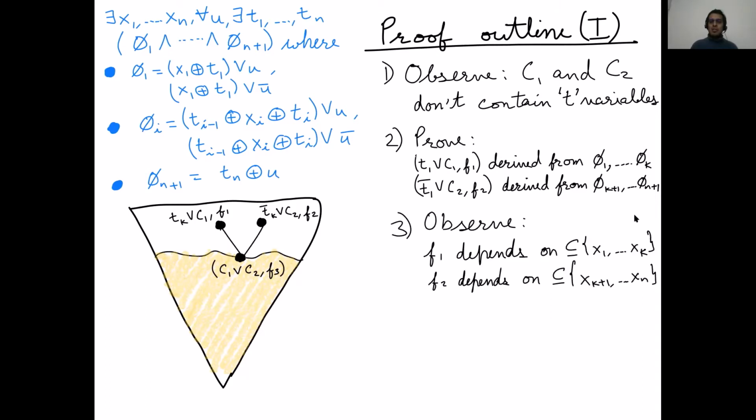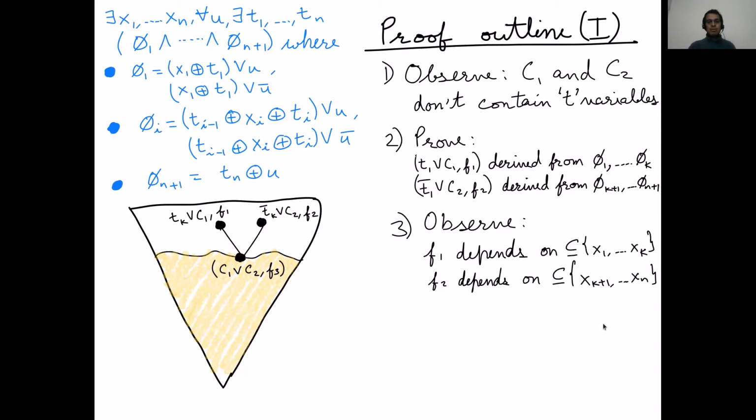From this what we can conclude is that the function f1 depends only on variables x1 to xk, because the only x variables the clauses in phi 1 to phi k contain are x1 to xk.